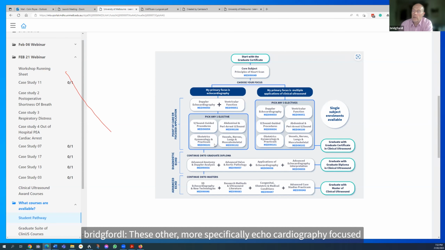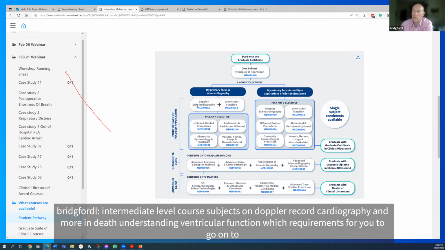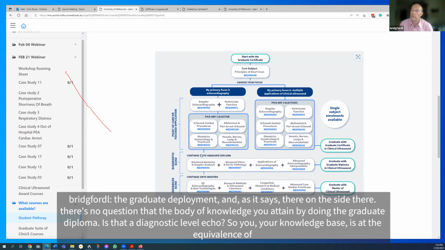There's other more specifically echocardiography focused intermediate level course subjects on Doppler echocardiography and more in-depth understanding of ventricular function, which are requirements for you to go on to the graduate diploma.